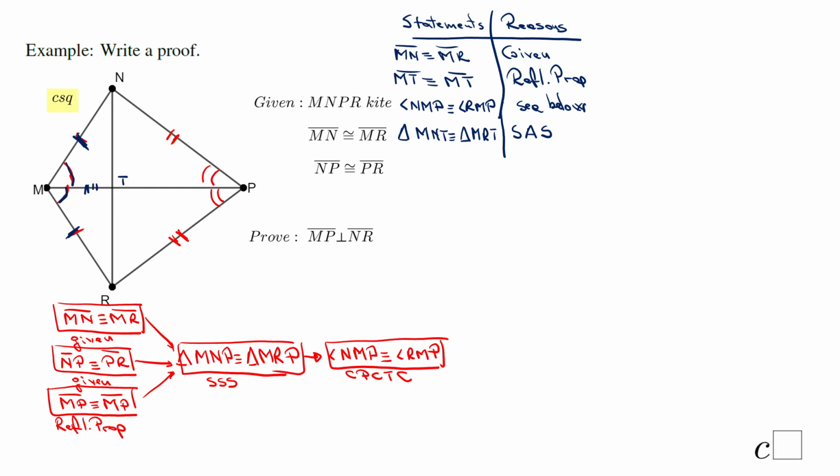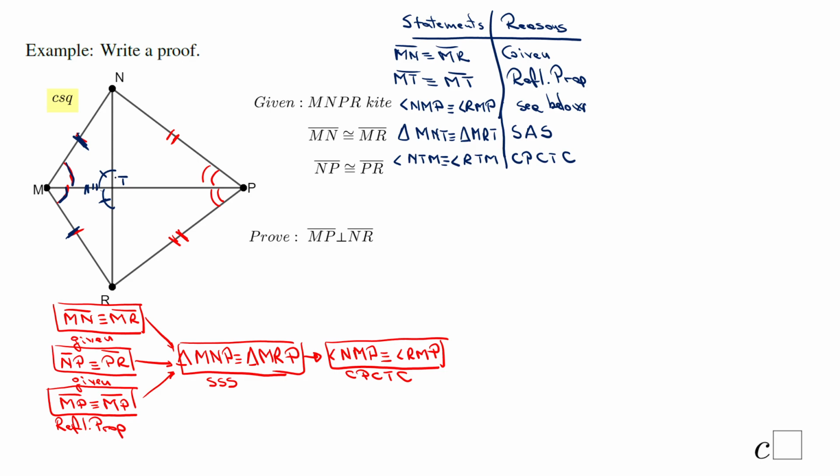Okay, but now because of that we can say these two angles are congruent. Angle NTM congruent to angle RTM, and that will be corresponding parts of congruent triangles are congruent.